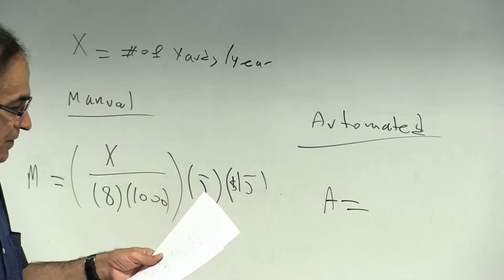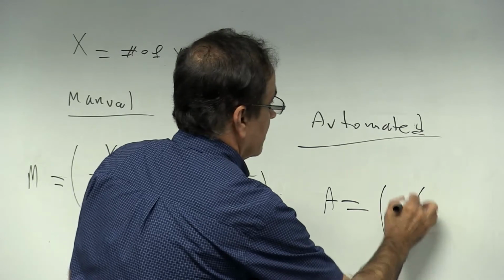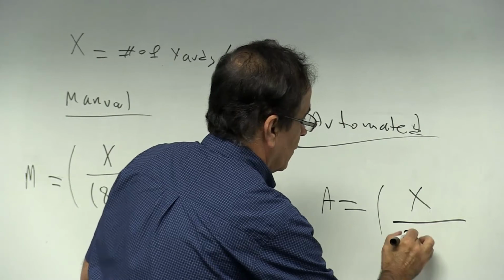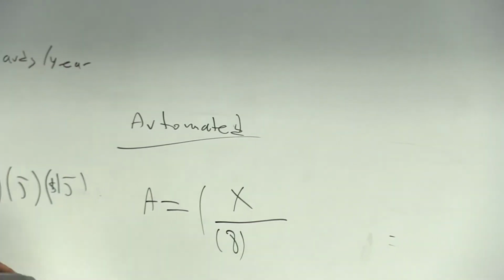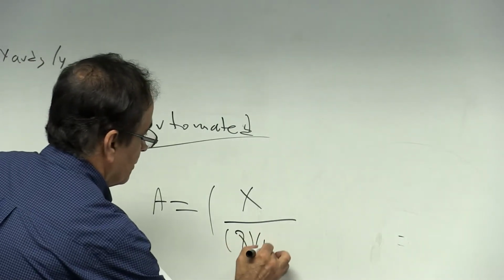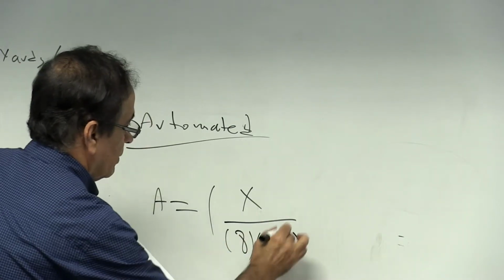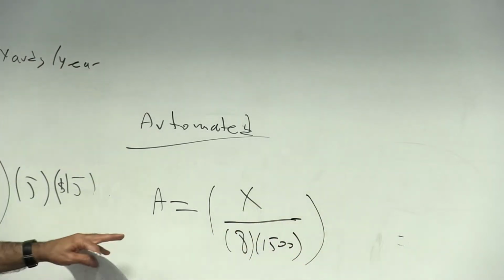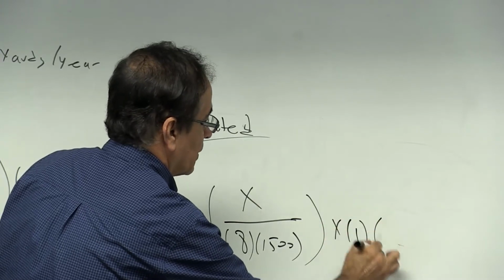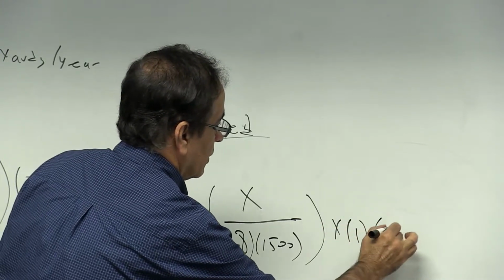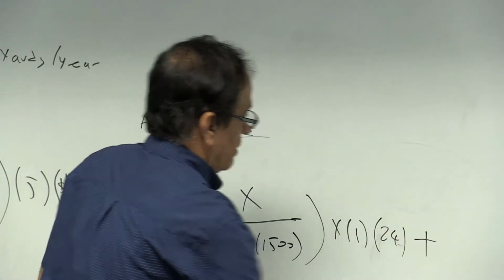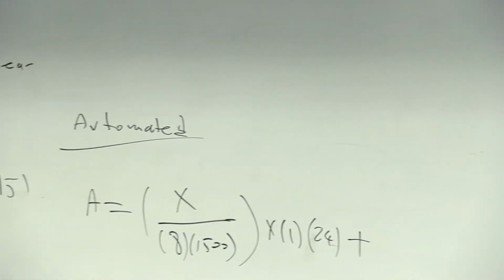So the annual cost for this one is going to be X, the number of yards you're going to produce per year, divided by 8 times 1,500 yards per hour, since the automated produces 1,500 yards per hour. That's how many days of work. You're going to multiply this by 1 operator times the rate of the operator, which is $24. So that's the operator cost.